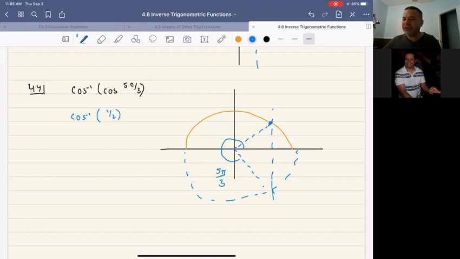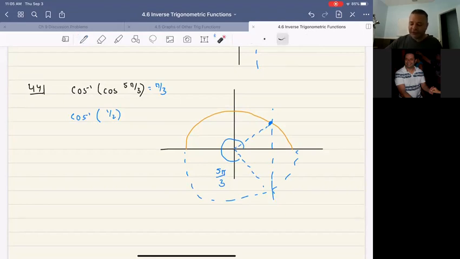And so what angle goes with that? Well, the output of the inverse cosine of 1/2 is pi over 3. Yes, pi over 3. Okay, so that is the output here.